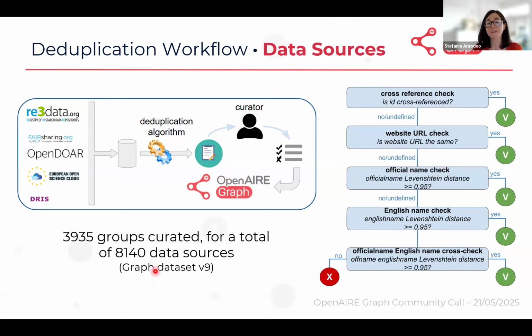And again, here are the numbers related to the latest full release of the graph dataset of last January or February, about the data sources that have been curated so far.